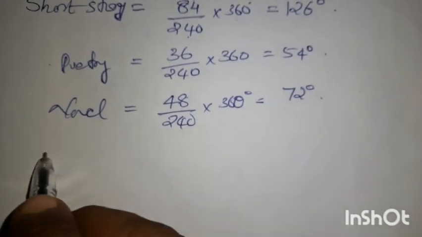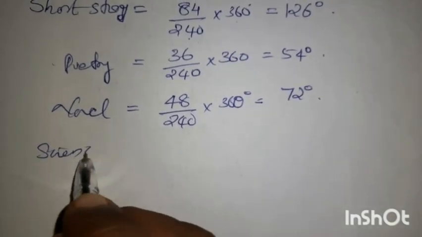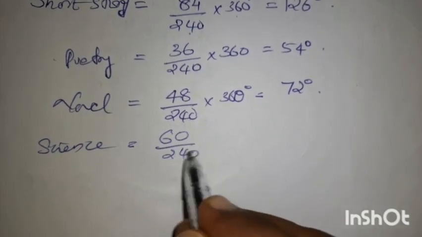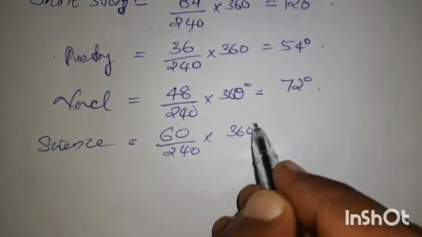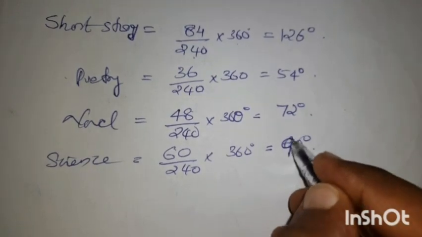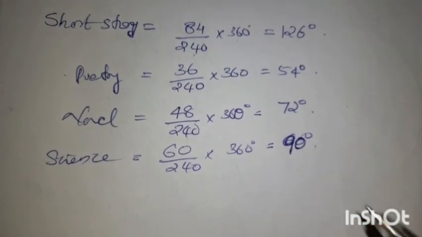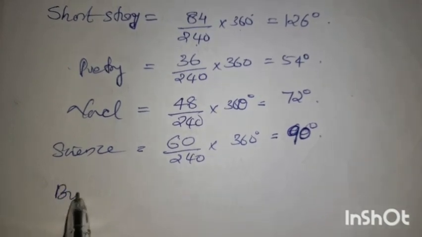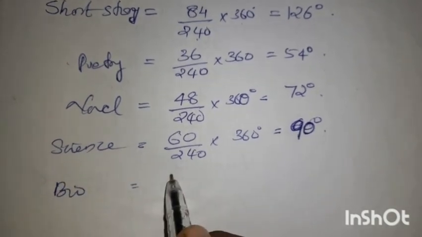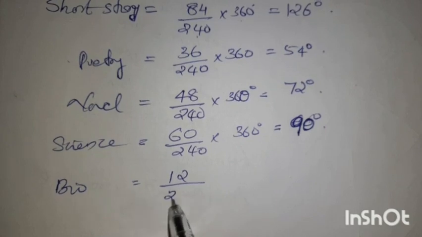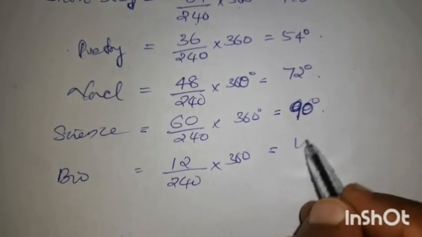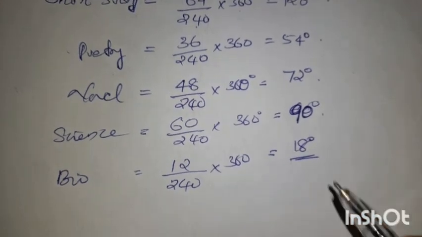Next one is science. Science books, that is 60 out of 240 multiplied by 360. The answer is 90 degrees. And next, biography. Biography, 12 books out of 240 multiplied by 360. The answer you get is 18 degrees.